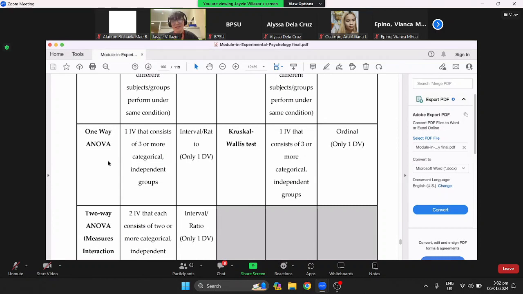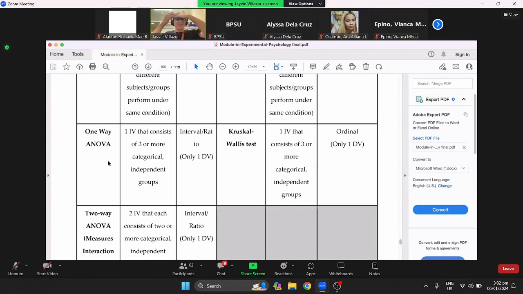Okay, let's have an example. One-way ANOVA, you have one independent variable, pero you have three groups. You have three levels. At yung dependent variable mo, you only have one, and the scale of measurement is interval ratio.